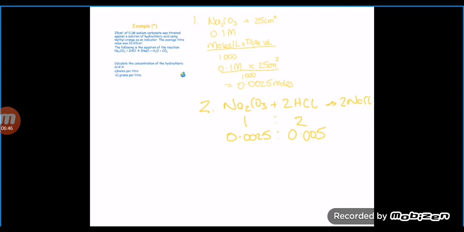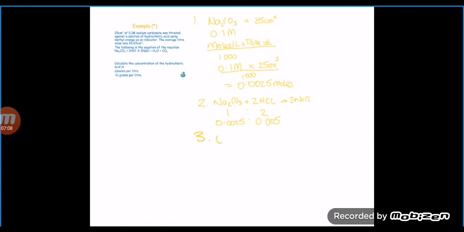Now this asks for the moles of the unknown in the titre volume. The number of moles of hydrochloric acid is 0.005, so that is the moles of our unknown in our titre volume. So the last step is step 3, and it asks you to find the molarity of your unknown solution.